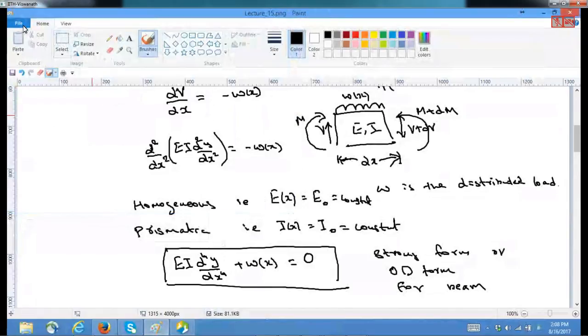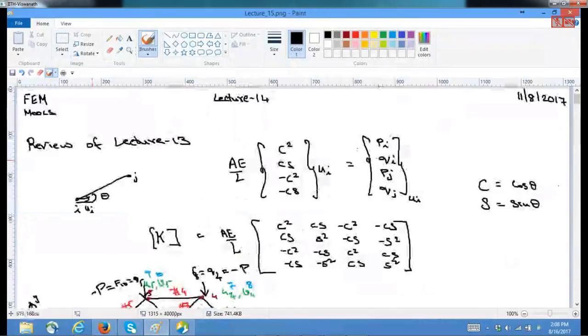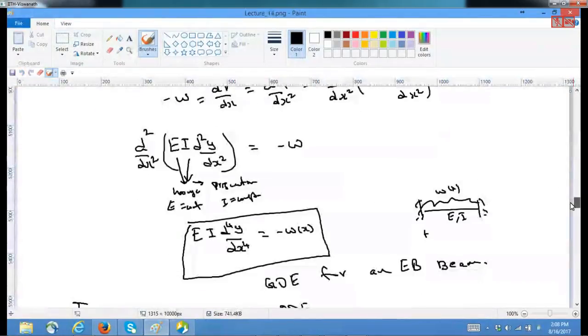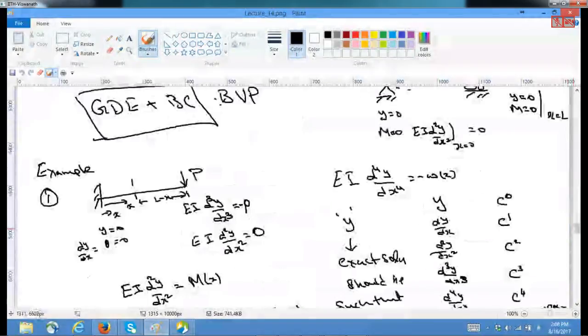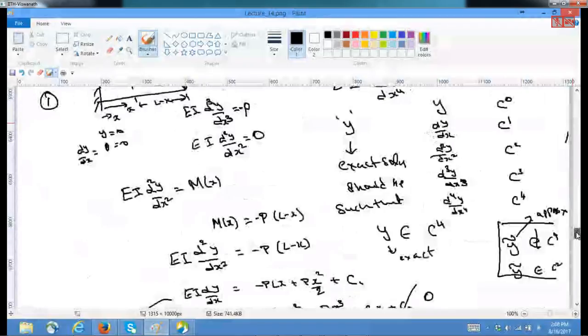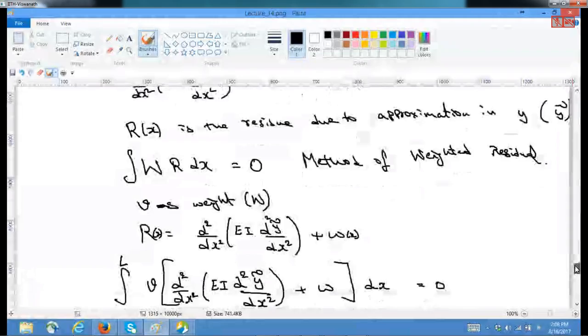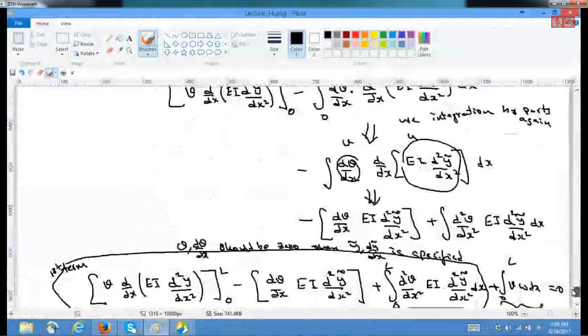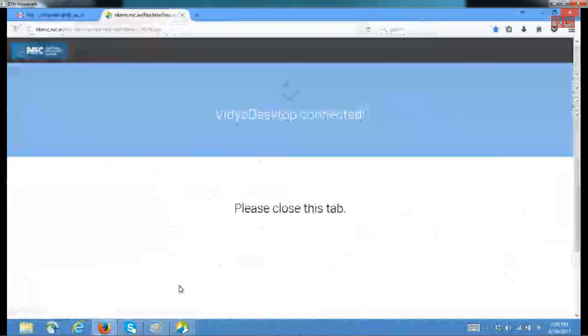So we have already solved this in the previous lecture, and we also showed an analytical example of how to solve it, and the requirements of an exact solution for the differential form using the method of weighted residual in the previous class, and came up to the weak form or the integral form of the Euler-Bernoulli beam.